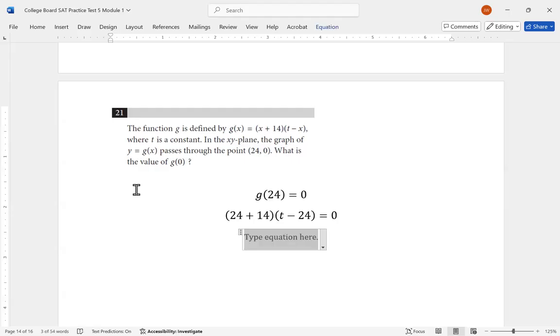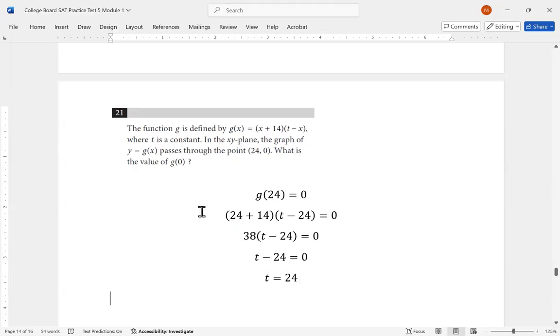What that means is that 38 times the quantity t minus 24 is equal to 0. Dividing both sides by 38 gives me t minus 24 is equal to 0. And so now I know that t has to be 24.